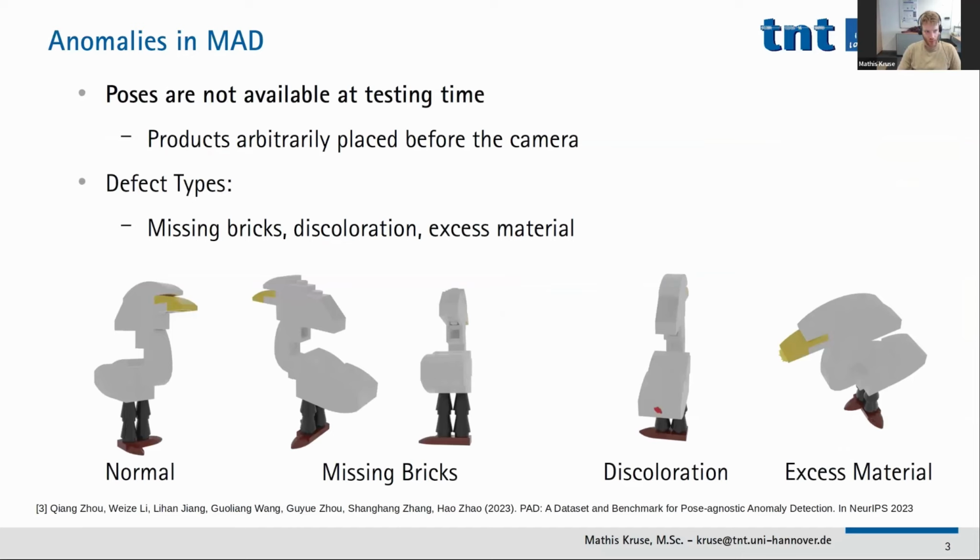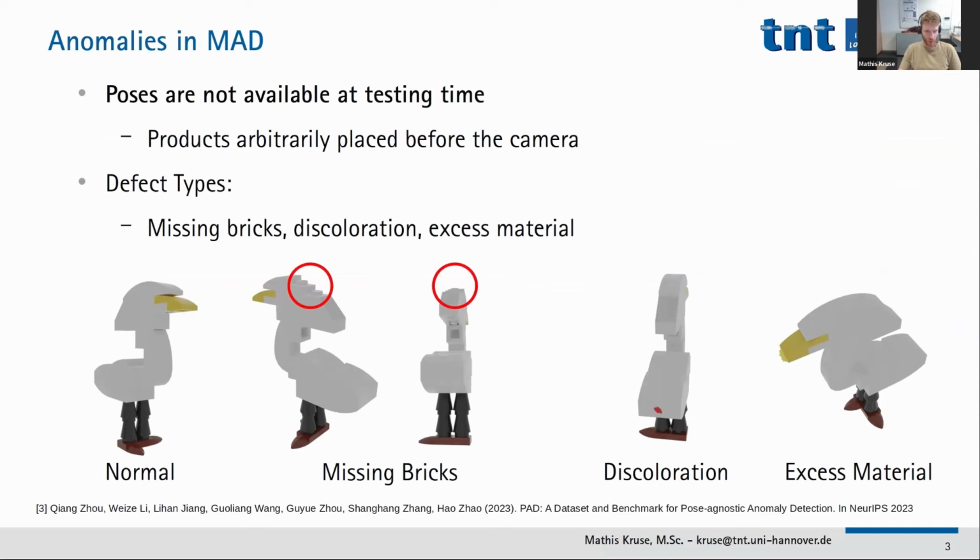So what do some of the anomalies in that dataset look like? Like I said, during training, we have different pose information. During testing, we don't necessarily. The products are arbitrarily placed before the camera. Here we have a little swan, and some of the defects are missing bricks, as we can see here. Depending on the pose, a missing brick is easier or harder to spot.